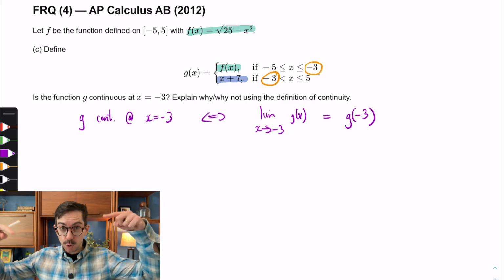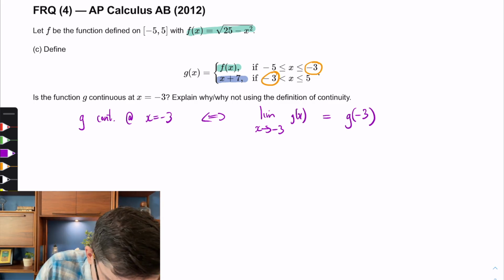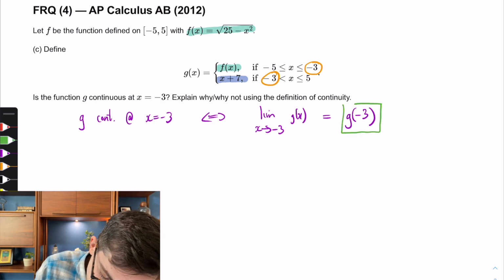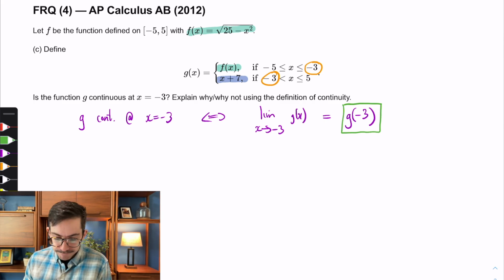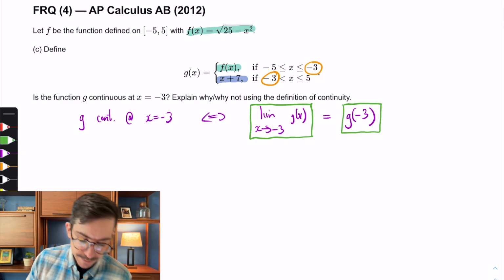So what the function looks like it's doing as we approach x equals negative 3 is exactly what the function does at that point, x equals negative 3. There's no last minute plot twist where g of negative 3 jumps away to some different value than you were expecting. So we need to figure out a few quantities here. What is g of negative 3? And what is this limit if it exists?